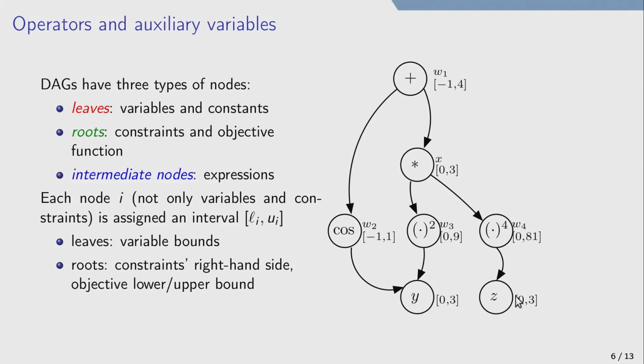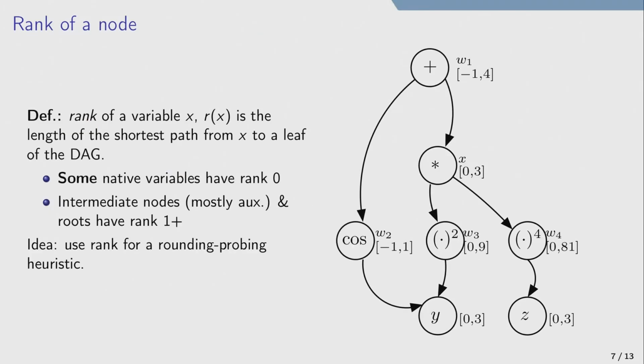So basically what we do is classify the variables according to their rank, and in a more systematic way we can define the rank of a node in the DAG as follows: you take that node, and you compute the shortest distance from that node to any of the leaf nodes, and that is going to be the rank.